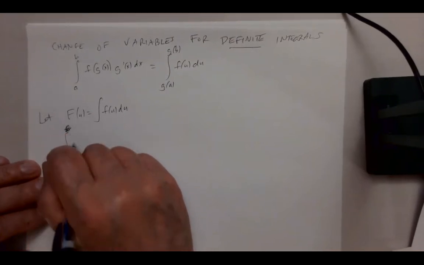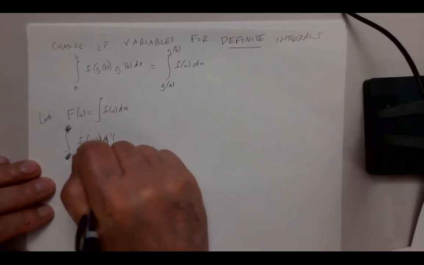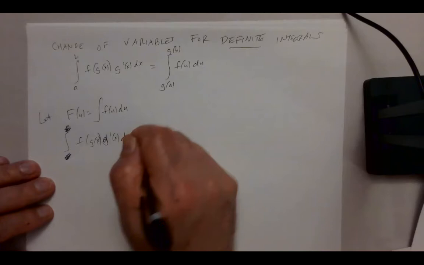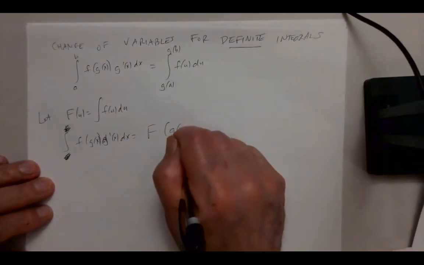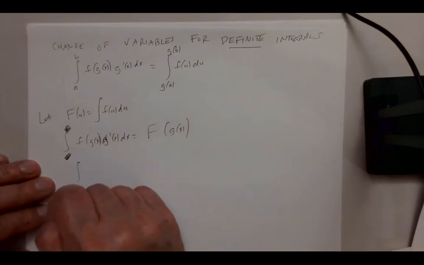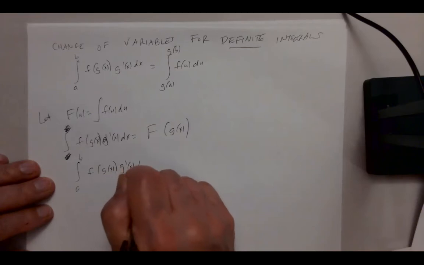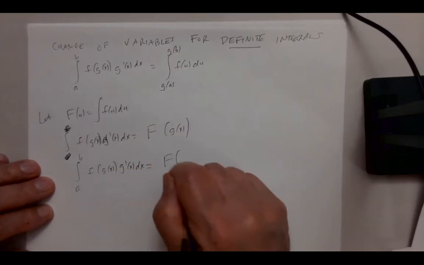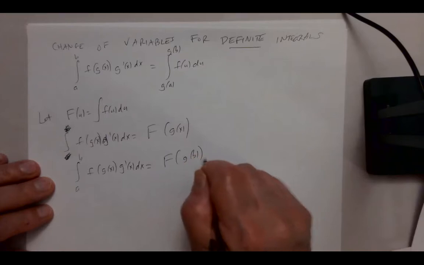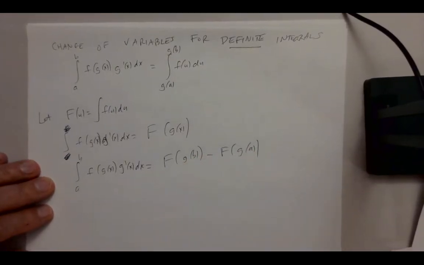The integral of f of g of x, g prime of x dx is capital F of g of x. So the integral from a to b of f of g of x, g prime of x dx, by the first fundamental theorem of calculus, is capital F of g of b minus capital F of g of a. So that's just capital F evaluated from g of a to g of b.